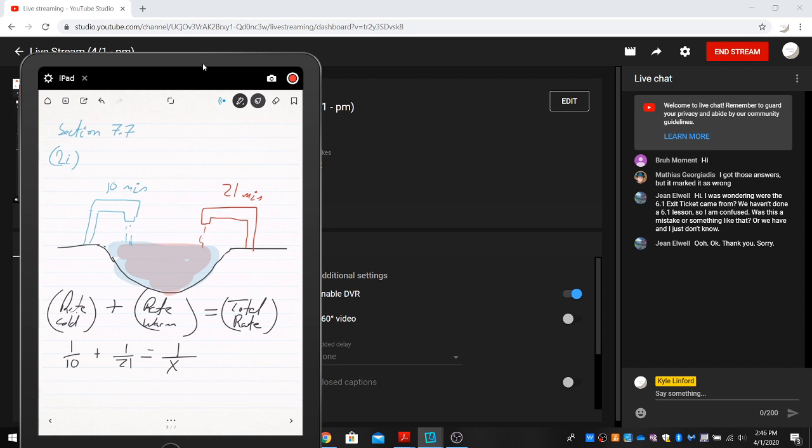X being how long it takes them to complete together. So x equals how long it takes both to complete one job.